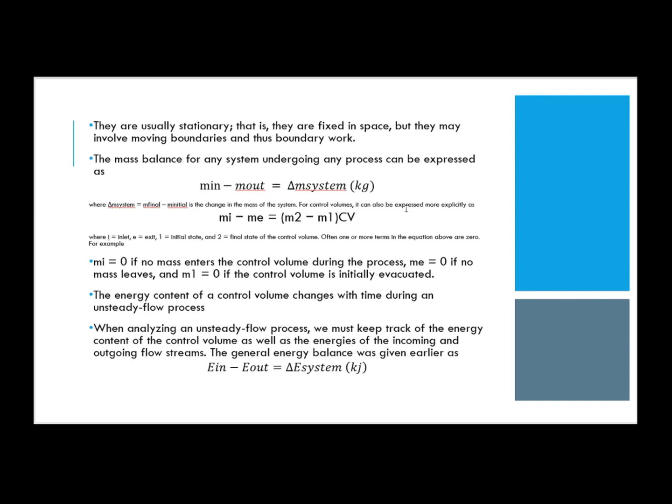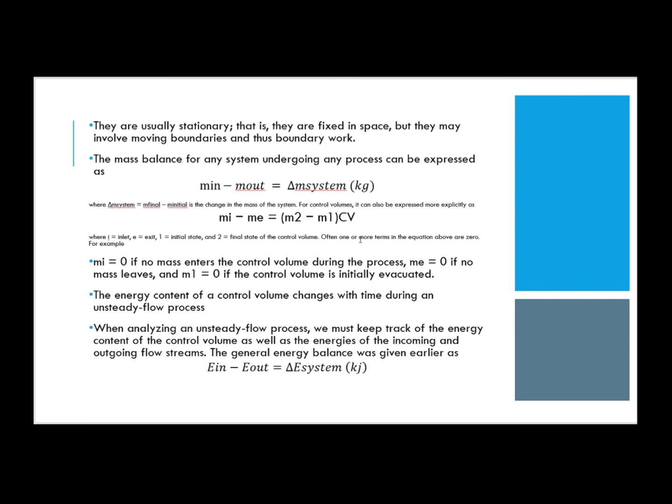For a control volume, it can also be expressed more explicitly as mi minus me equals m2 minus m1 for the control volume, where i is inlet, e is exit, 1 is the initial state, and 2 is the final state.